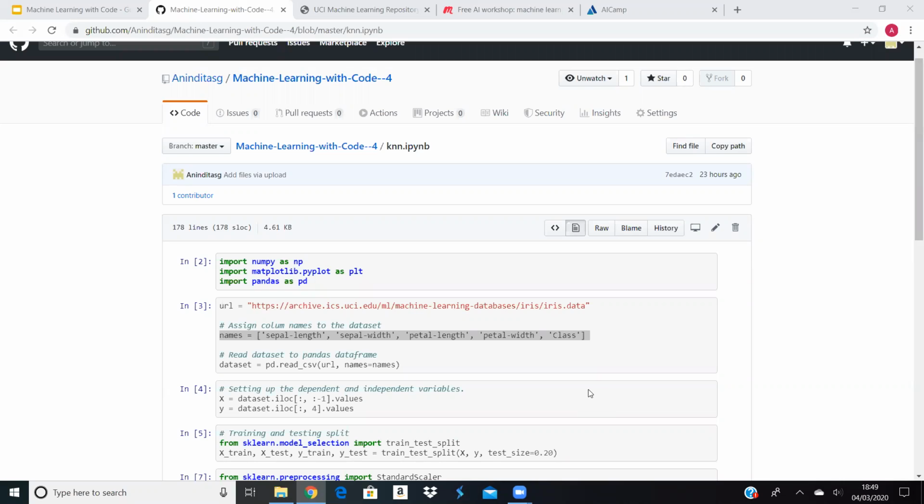I think scikit-learn should be able to process it, and we are using a scalar anyway. But you could try this and see. Internally, when we are running the scalar, it would again be ordered.